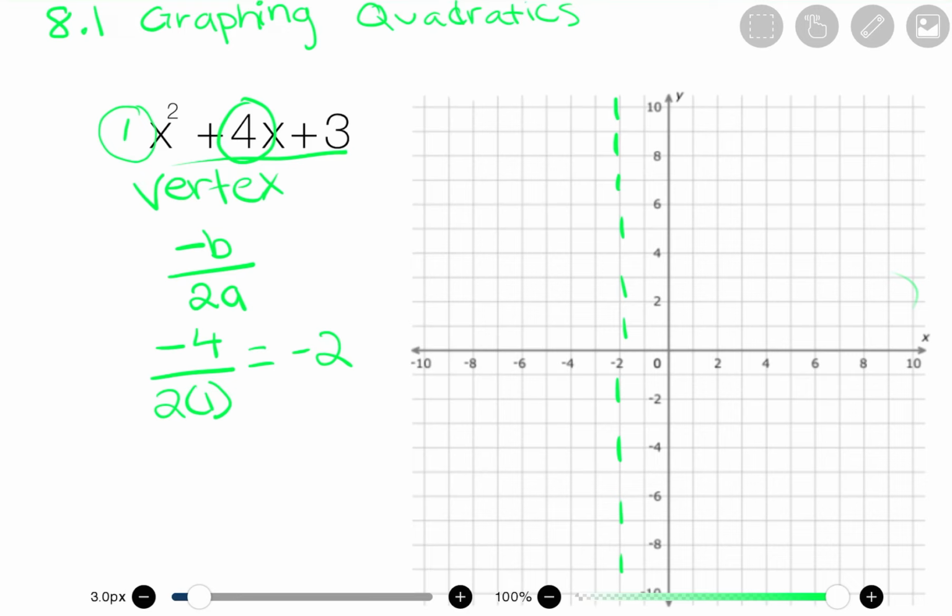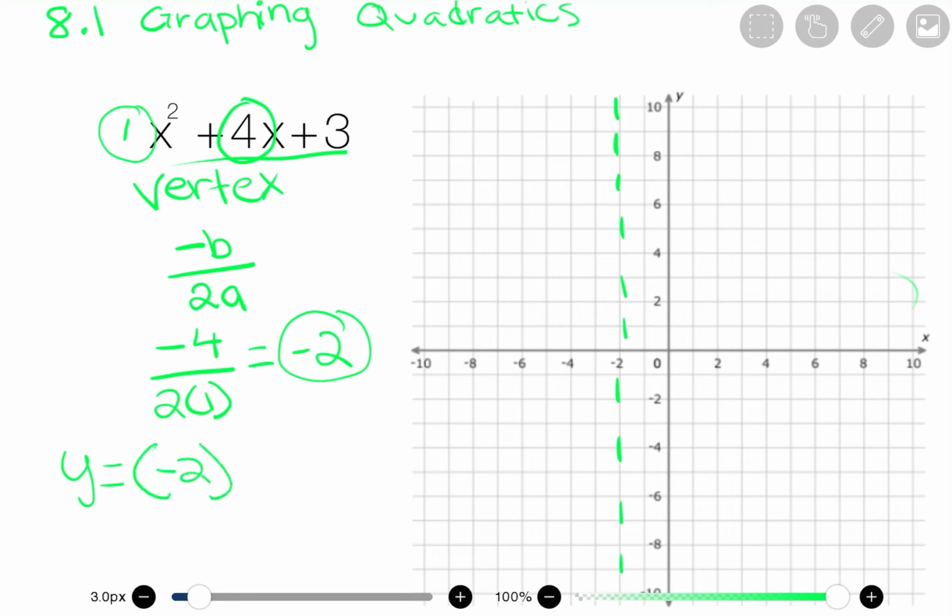To find our vertex point, we're going to set this whole thing equal to y. So y equals, and then we're going to plug in negative 2 for our x value, because on our vertex, negative 2 will be our x value. This is how we find any point, but our vertex point, on the axis of symmetry, is the most important.